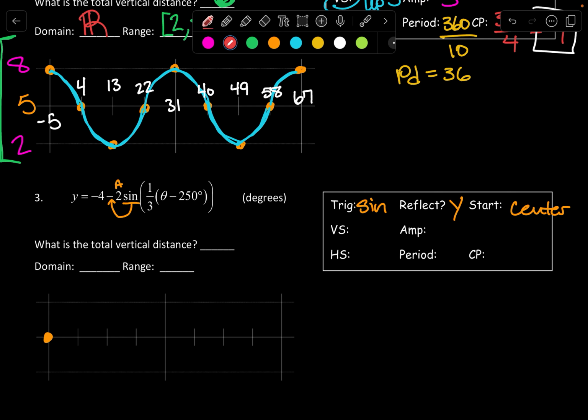What that means is our graph is going to start by going down. So alternating middle, high, middle, low, we can go ahead and map out the remaining critical points. And then once they're in place, we can connect them all. Sorry, did that backwards.